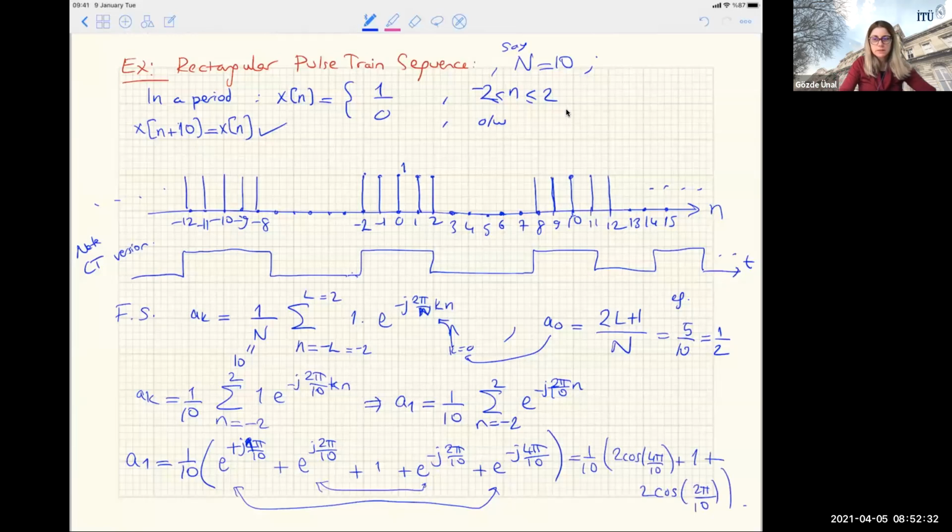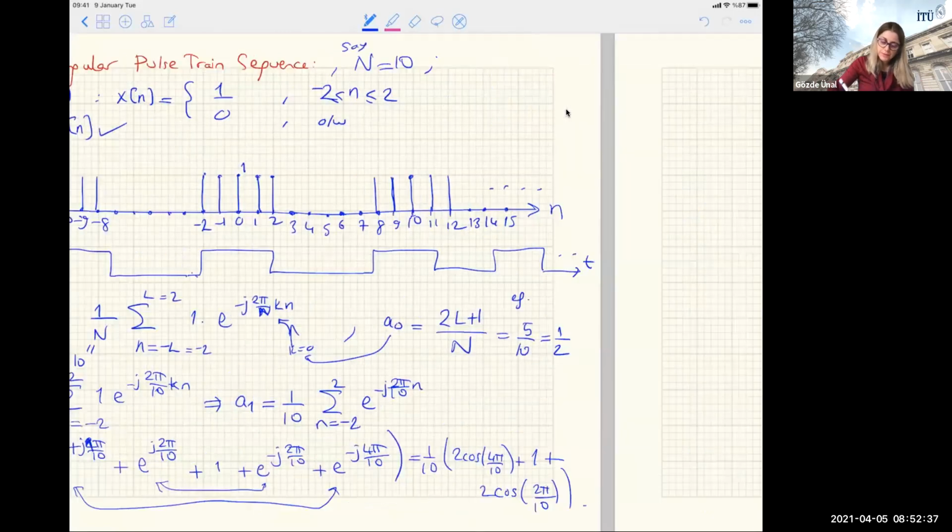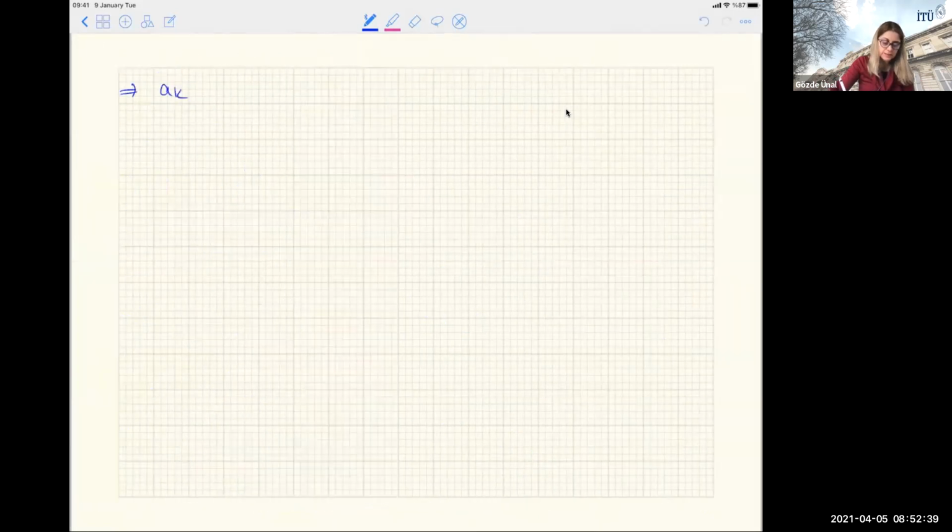For instance, I have a general formula, but please check this. I derived here a general formula. You guys can check. The general AK is 2L plus 1 over N, for K multiples of the fundamental frequency. You can check this.